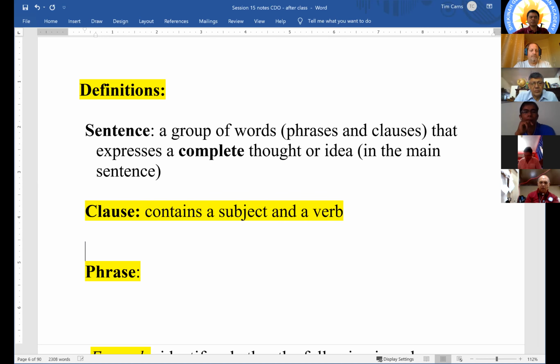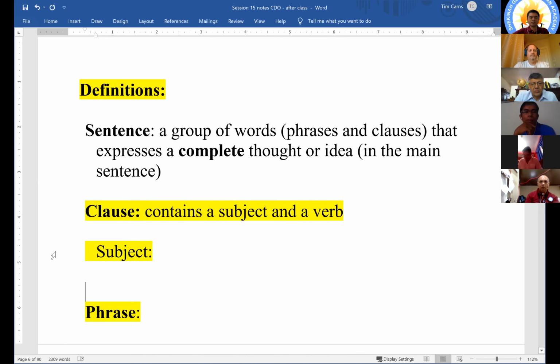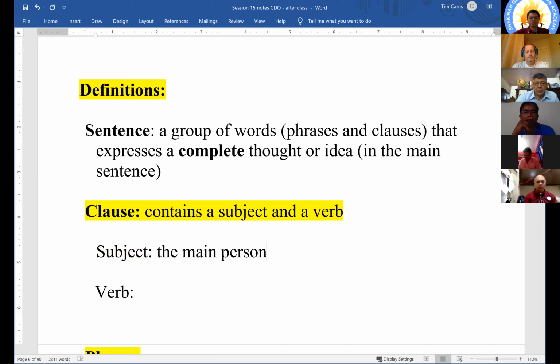So, who can tell me what a subject is? When I say a subject and a verb, what do I mean by subject? The subject is the main person that is taking the action or doing the action. Good. That's the key.